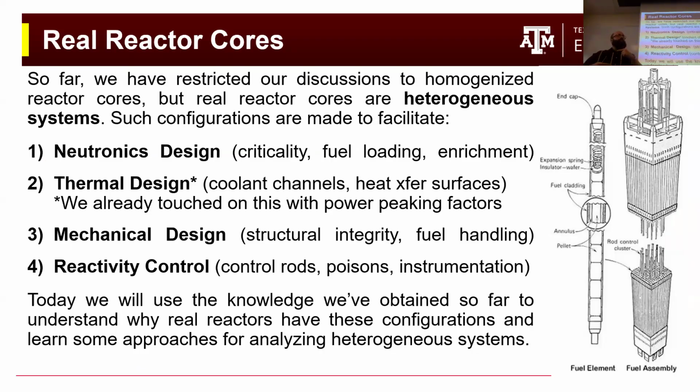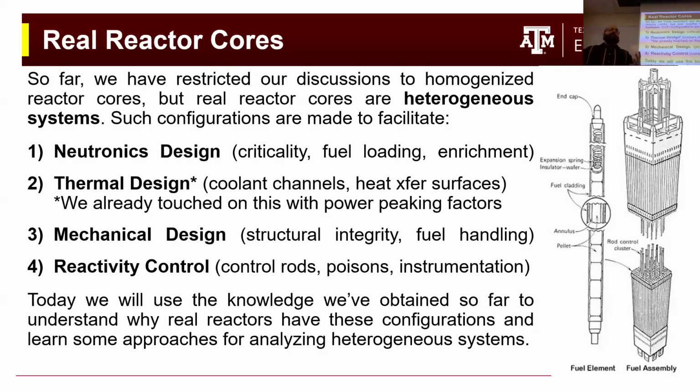We added some more complexities onto that with talking about energy dependence, and we started to understand how these quantities like the neutron flux, our cross sections, our reaction rates depend on the energy of the neutron. So with all of that that we've laid the stage for, we're at a point where we can really start to understand a real reactor core.